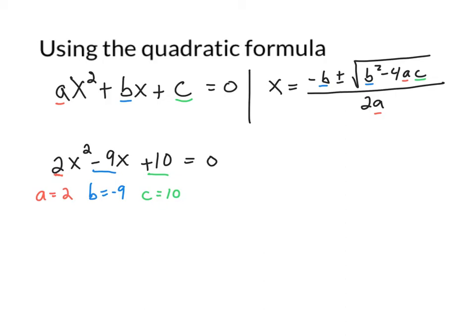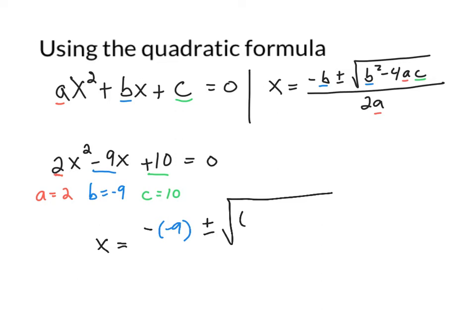So my solutions take on this form. x equals, well, negative b, so negative, then I need a b term, that's negative 9, plus or minus the square root of b squared.